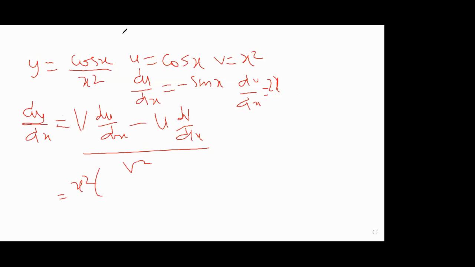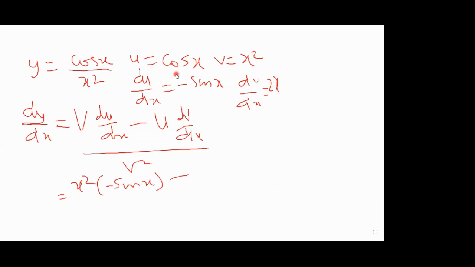This will be x squared times minus sine x, because du/dx is minus sine x. Then minus our u, which is cos x, times our dv/dx, which is 2x.